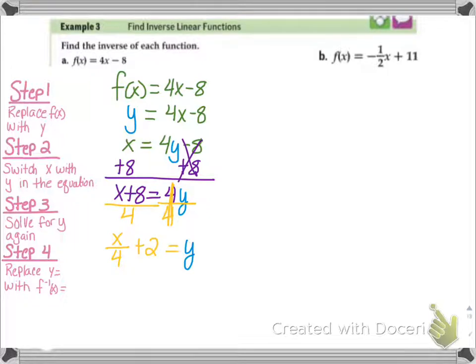The fourth and final step will be to replace y equals with f inverse of x equals. So the same equation that we just solved for was x over 4 plus 2. Now we just take out the y and put in f inverse of x.